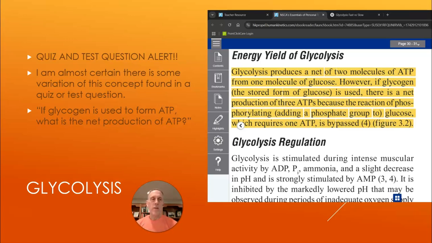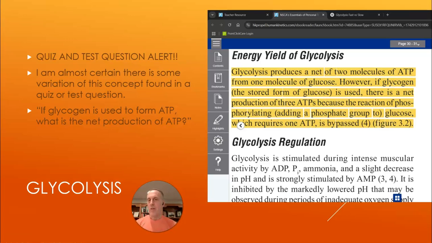So the question you'll have really comes down to the difference in understanding glycolysis, right? Glycolysis produces a net of 2 molecules. However, if glycogen is used, there's a net production of 3 ATP.